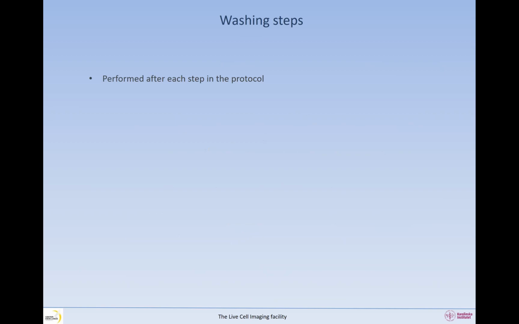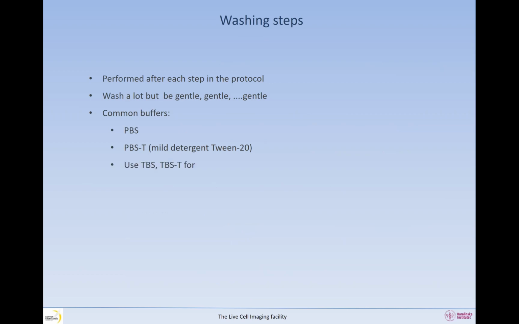Washing steps are very important, and they should be included in your immunostaining protocol. You should wash a lot, but gently. Then the common buffer is PBS or PBST, if you are doing fluorescence or chromogenic staining.